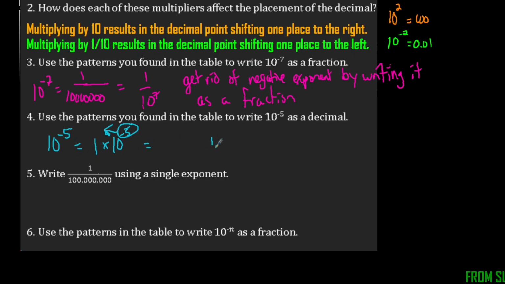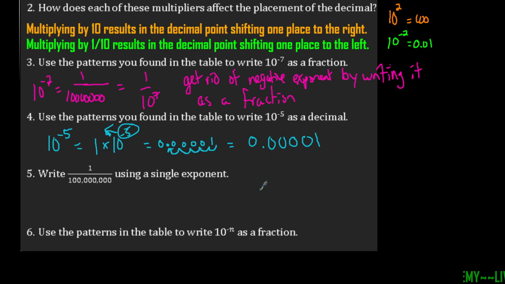I can shift it, I go 1, 2, 3, 4, 5 times to the left, place my decimal place, and fill in the zeros everywhere else. So in total, I should have 5 zeros there, four of which will be after the decimal place.